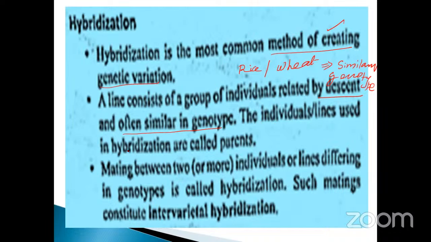The individual lines used in hybridization are called what? Parents. The mating between two or more individuals or lines differing in genotype is called hybridization. Differing. Suppose if it differs, that is called hybridization. Such mating constitutes intervarietal hybridization. Intervarietal means different.